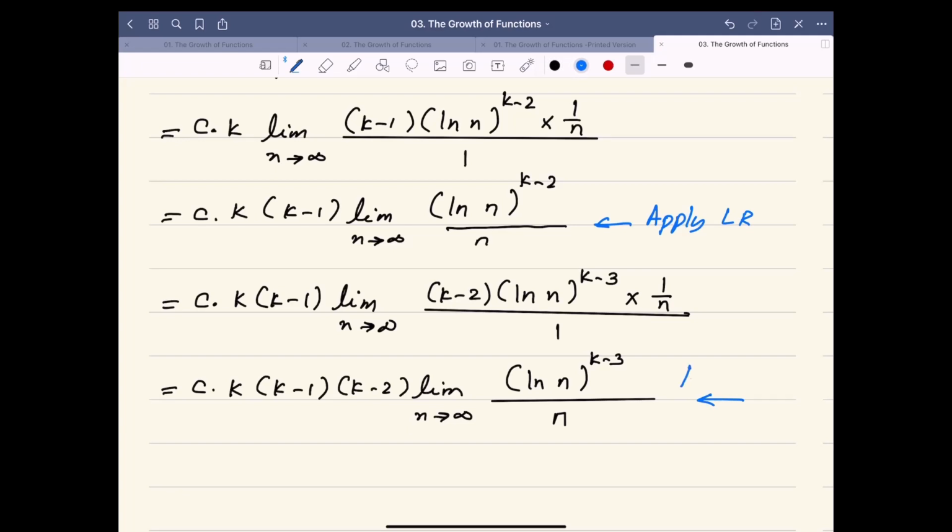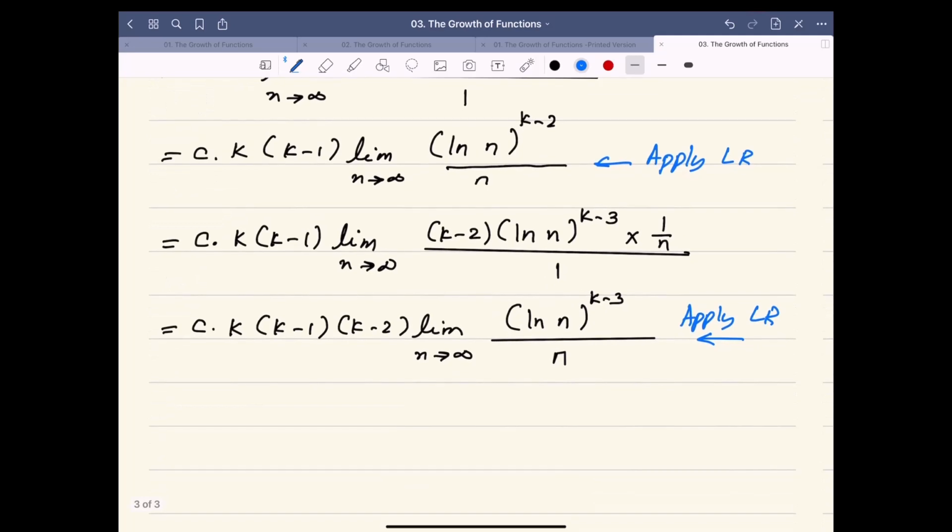You keep applying L'Hopital's rule repeatedly. So here again, apply L'Hopital's rule, and when you apply it repeatedly, this power will keep decreasing. If it is, for example, 5, then it will be 4, 3, 2, then 1.